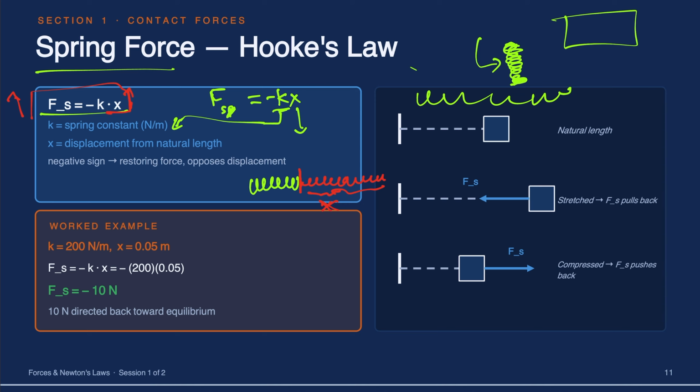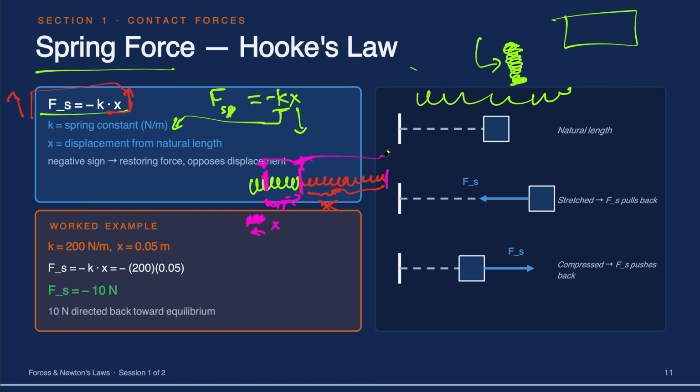And then if you also compress something, so if you go like that, that's also x, right? Because it's at an x distance from its natural position. So the more you push it, the closer it becomes to itself and the further from its natural position. So x goes both ways. There's no negative or positive x. Just what is the magnitude of the distance from the natural point of the spring to where you compressed it?